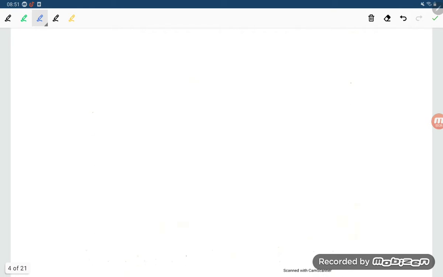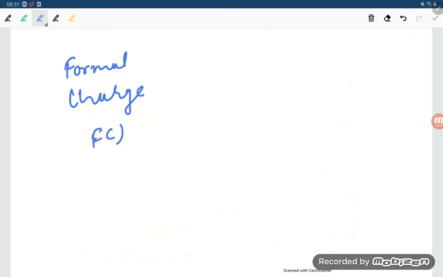So students, to answer this, we can summarize the formula for the formal charge, and this formula will be able to answer any question.